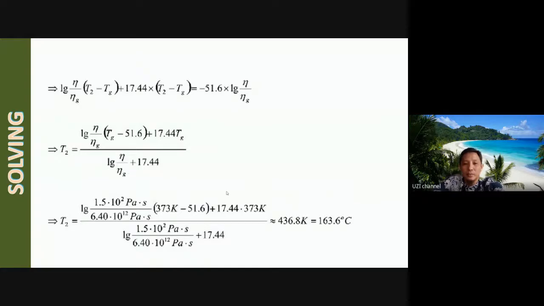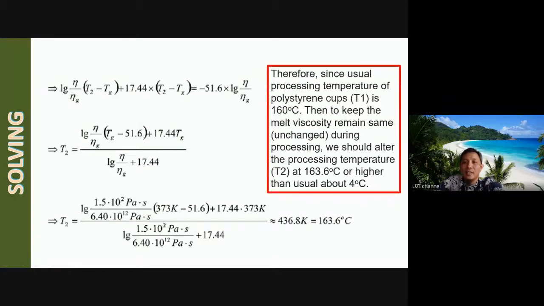The new processing temperature is 163.6 degrees C. Therefore, since the usual processing temperature of polystyrene cups, T1, is 160 degrees C, to keep the melt viscosity unchanged during processing, we would alter the processing temperature T2 to 163.6 degrees C, or higher than usual by about 4 degrees C.